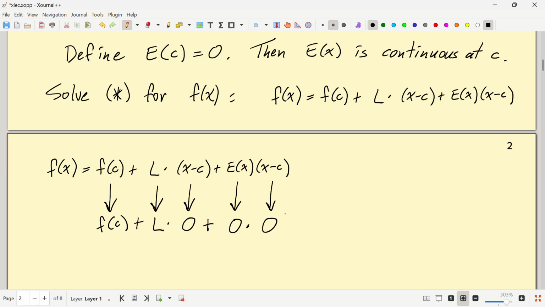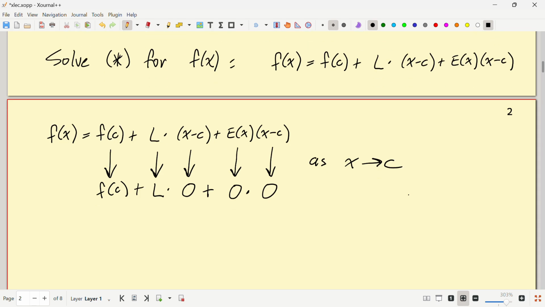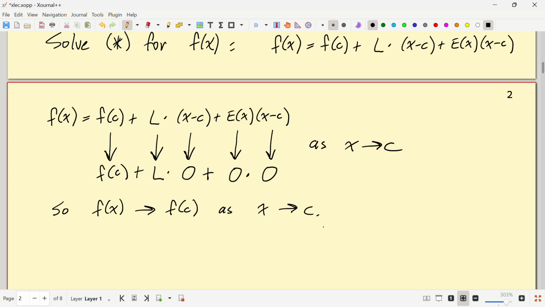And so we see that f of x, these arrows are as x tends to c, using the rules of limits that we've learned or proved. And that shows that f of x goes to f of c as x tends to c. And now I can write that formula. That means that L is the derivative. We're assuming that that exists.